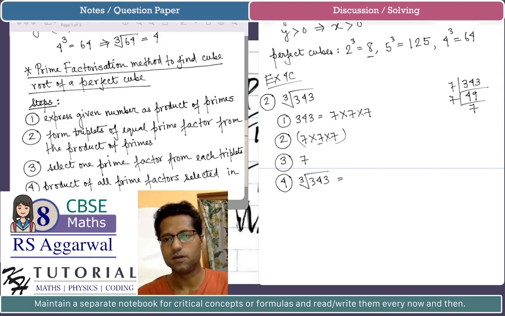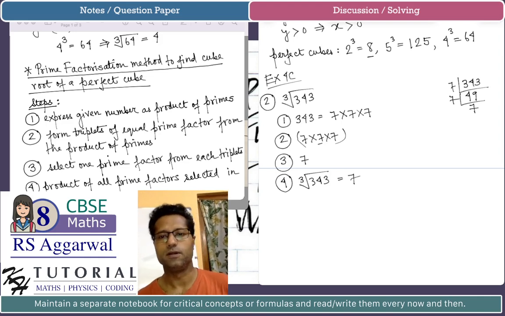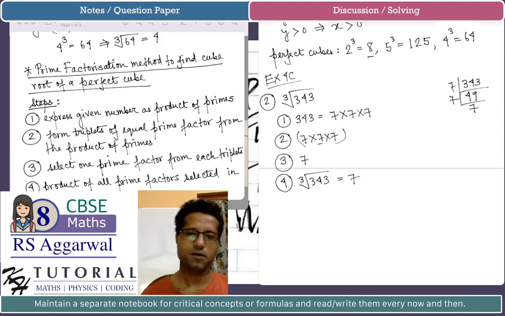For this example, the only factor we got is 7. So 7 is the cube root of the number 343.